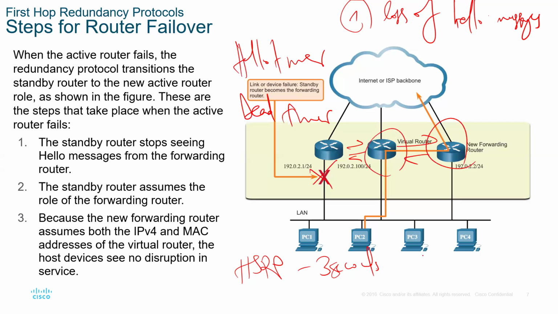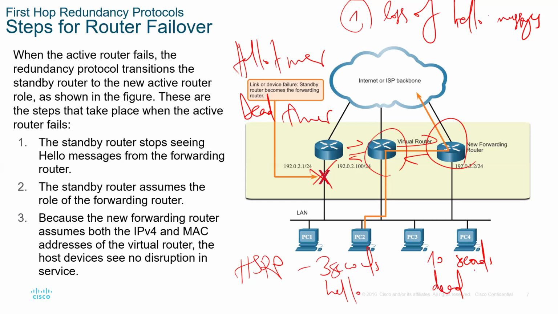In this case, this is hello, and the dead timer is times 3, 10 seconds for FHRP. So if the standby router doesn't receive 3 consecutive hello messages, then it knows the active router is now down.